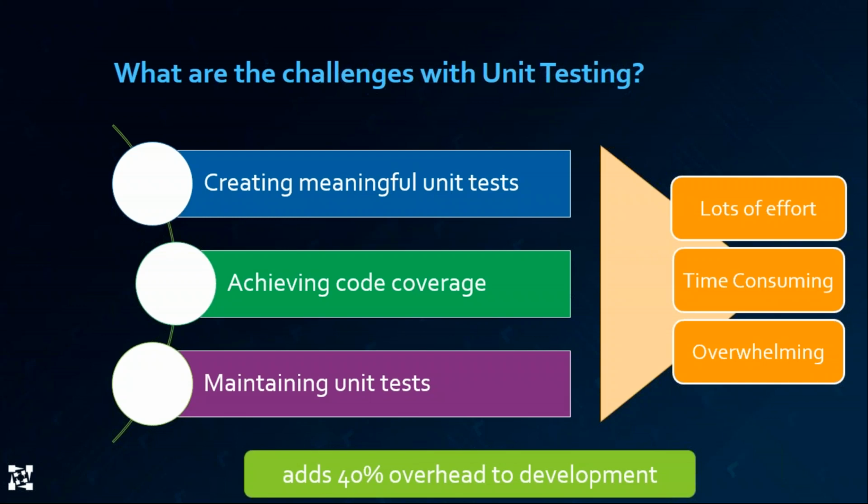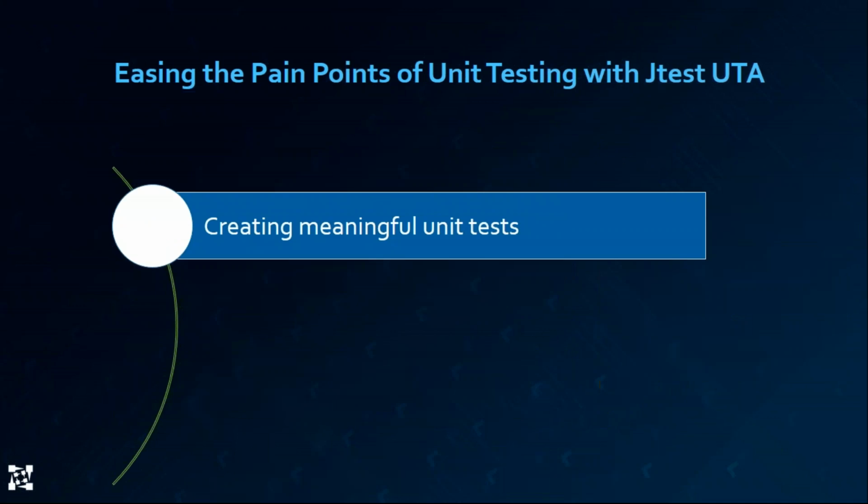The goal here is to reduce the overhead that's added to development. And as I said, what we often see, and a lot of the research out there falls into this 40% number, that 40% overhead on development. My goal is to make that time more effective. And you can do that through the techniques that we're going to show you today.